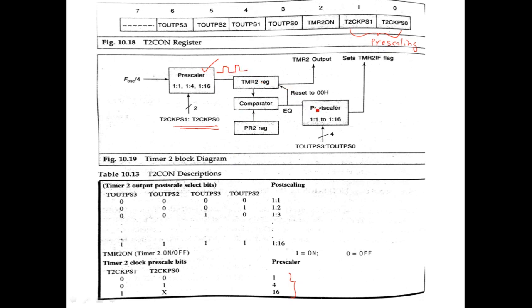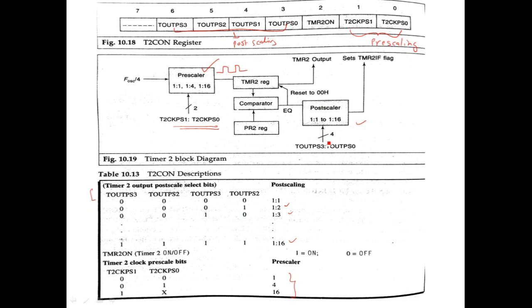Then the output of this timer is again divided by a post-scaler. There are 4 post-scaler bits, the timer output post-scaler bits 3, 2, 1 and 0. So this is post-scaling, and the combinations are shown here. You can divide the frequency by 1, 2, 3 up to 16. There are 16 combinations.